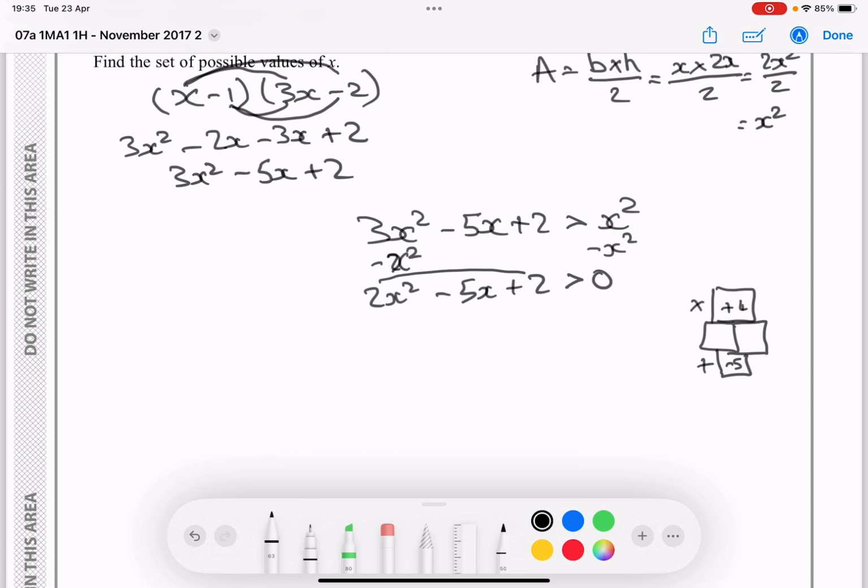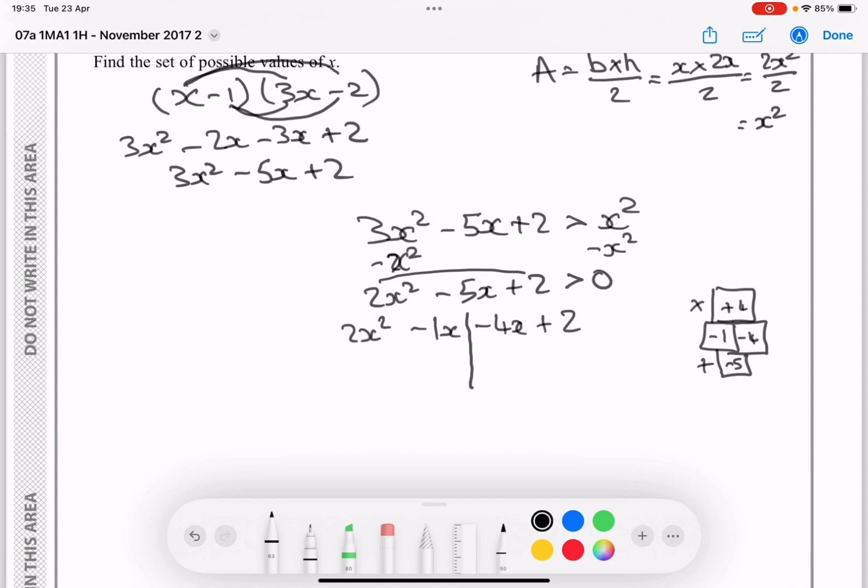To get a negative and then a positive at the end, they've both got to be negative. So negative 1 times negative 4 is positive 4. Minus 1 take 4 is minus 5. So if I split the middle term, I've got 2x squared, take 1x, take 4x plus 2.